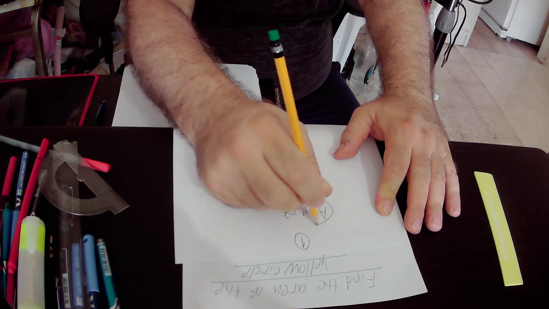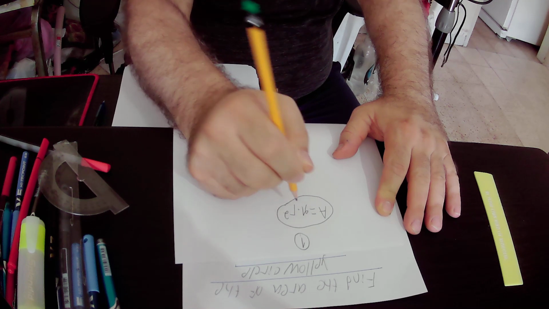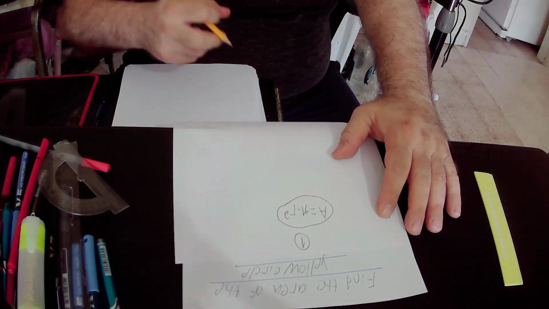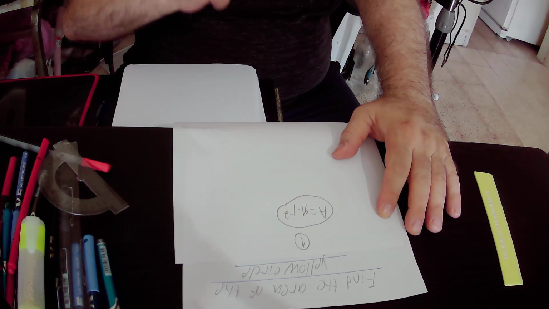So A equals pi r squared is the formula for the area of any circle.